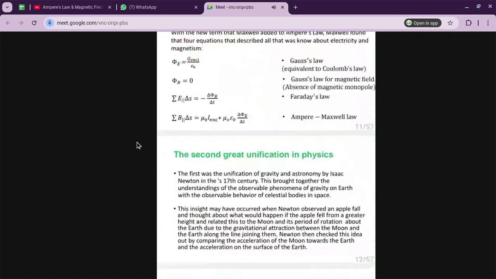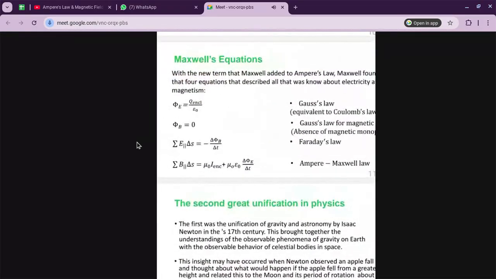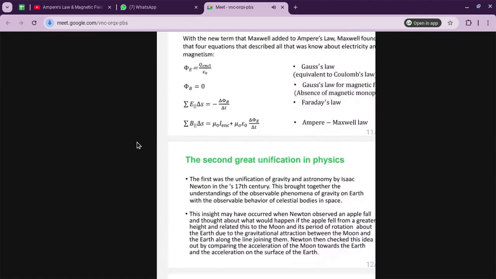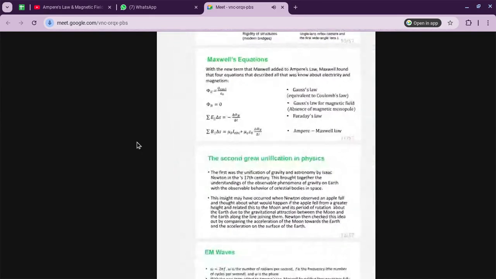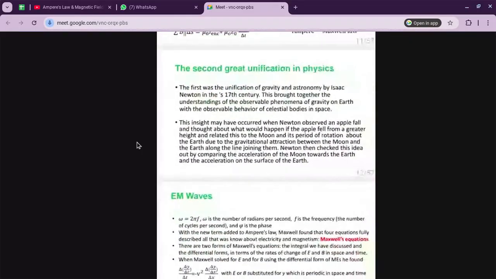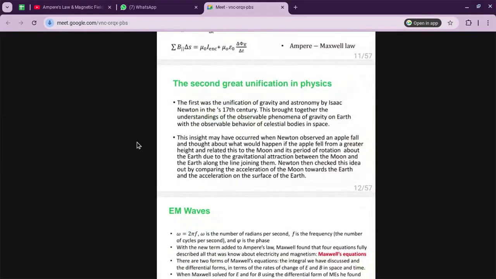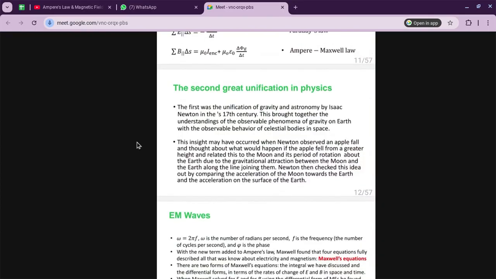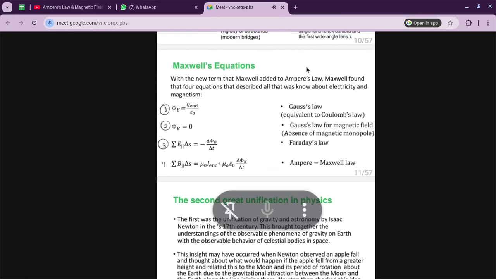There are four equations, four basic equations. One, two, three, and four.